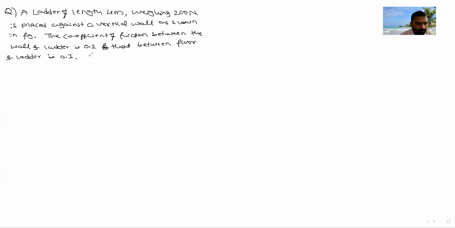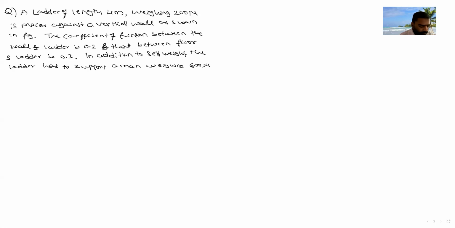In addition to self-weight, the ladder has to support a man weighing 600 Newton at a distance of 3 meter from A.